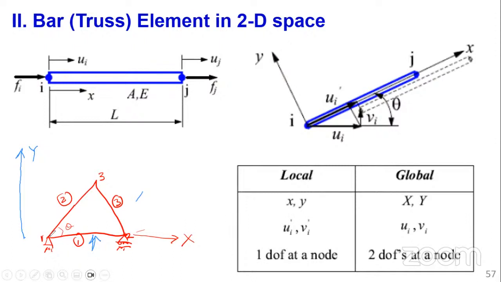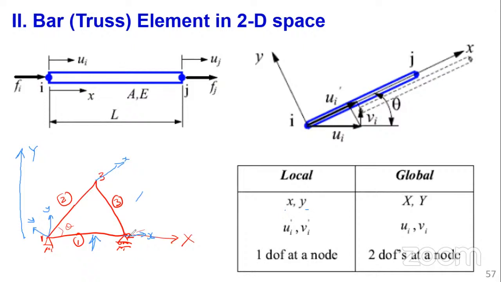For this element 1, I've got small x and y. We use small letters x and y. Now, when you look at element 2, I've got its own orientation, with its own small x and small y. You can see all the elements, even element 3, will have their own coordinate system.